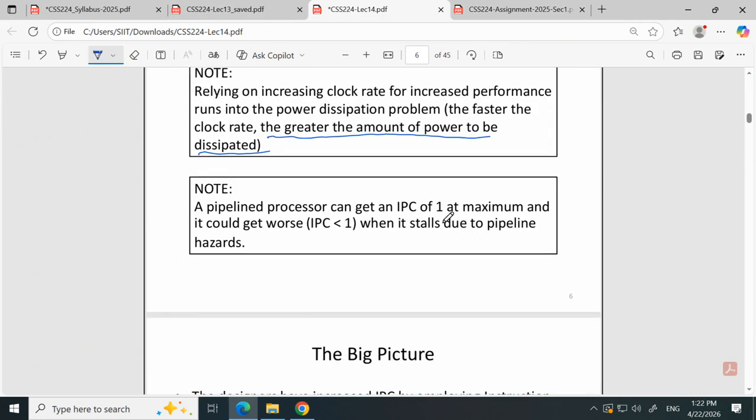But there's a consequence. There are some problems. We use those processors, super pipeline, superscalar, VLIW. There's an upper bound, okay? Pipeline hazards.